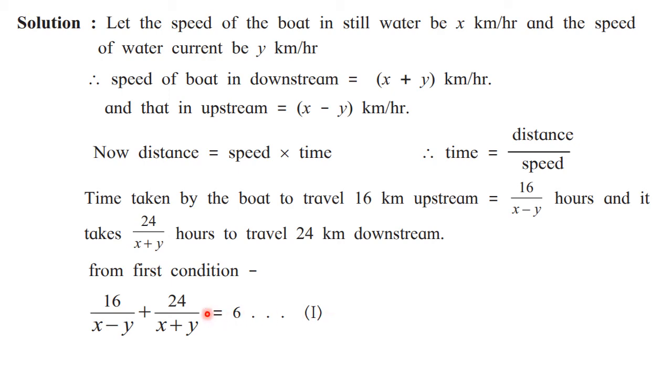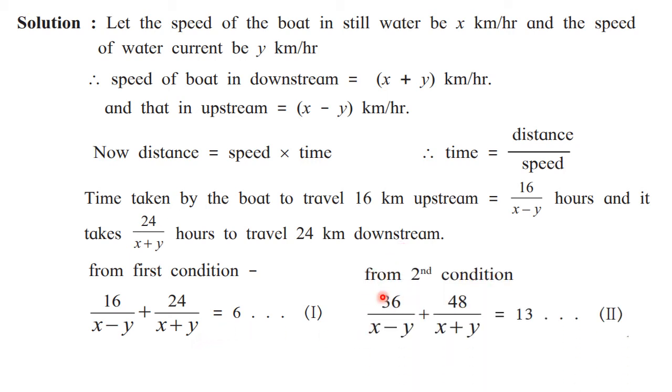What you will observe here, from our previous topic, is that these equations are not in the form of linear equations. The present form is not linear, but you can reduce it, because just now we have learned how to reduce it. We have to go for substitution for this 1 upon x minus y and 1 upon x plus y. Now the second equation we will get similarly.